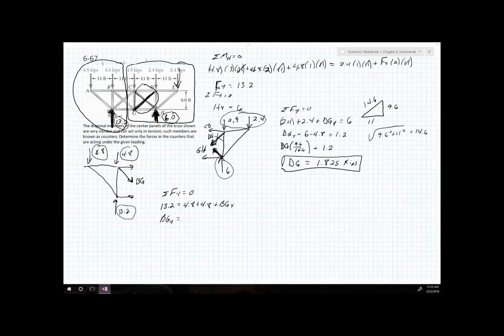I don't have it right here. So it is equal to, hold on, let me figure that out. So with my handy dandy math skills, I figured that that's equal to 3.6, but I don't want BG in the y, I want BG.